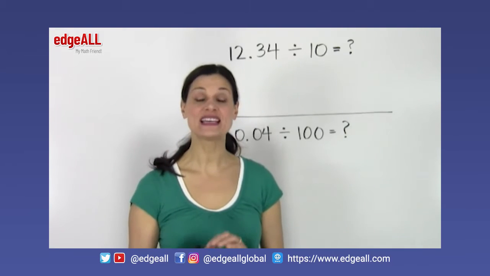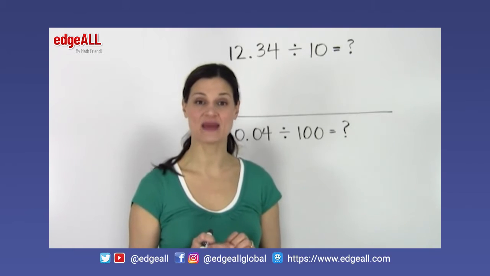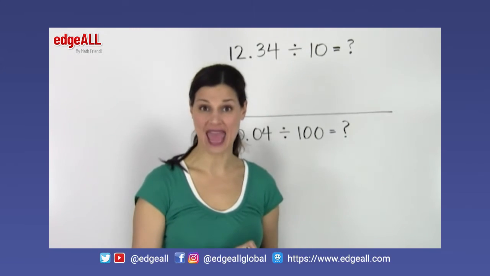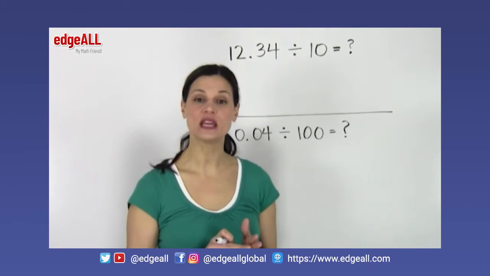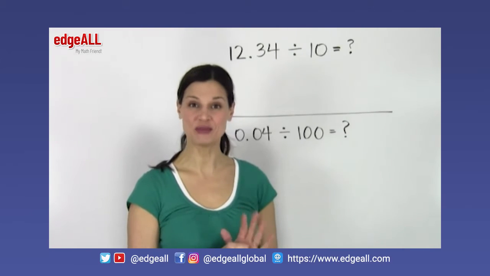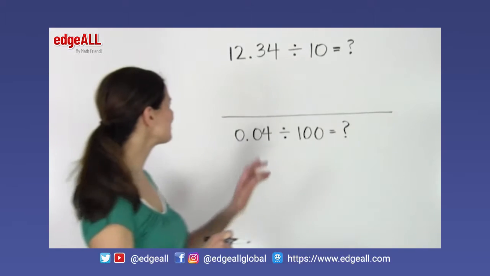This works because each place value is 10 times the value of the next one. So by dividing by 10 or 100 and so on, we are simply reducing each place value by a certain number of places. So let's take a look at an example using some numbers here.